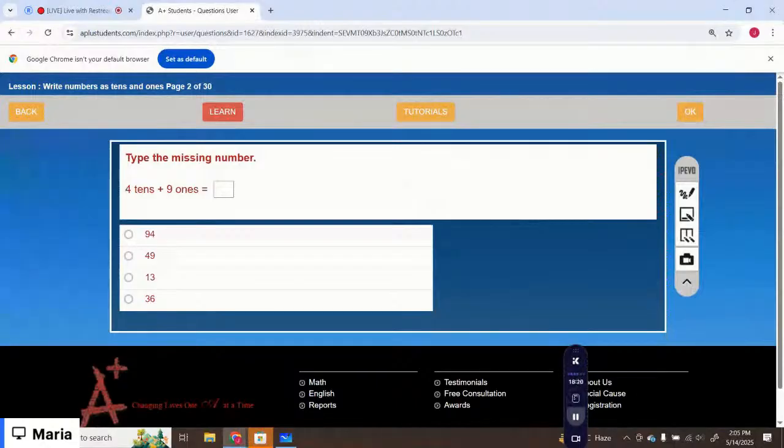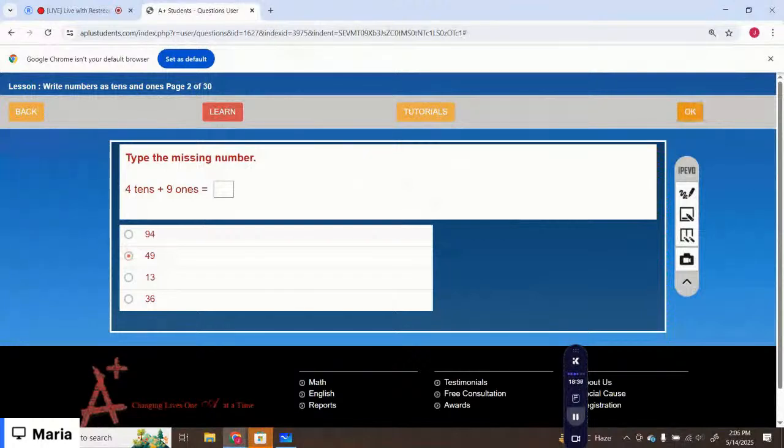Type the missing number: 4 tens and 9 ones. Which number do they make together? 4 tens and 9 ones together make 49.